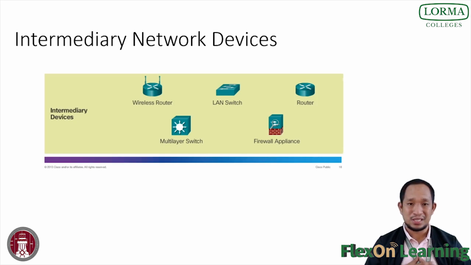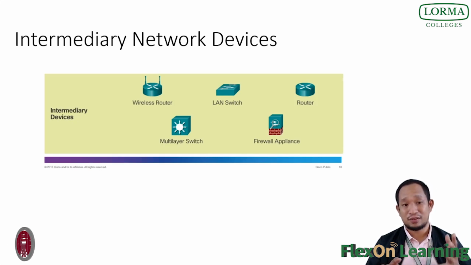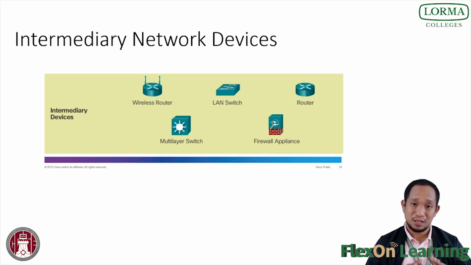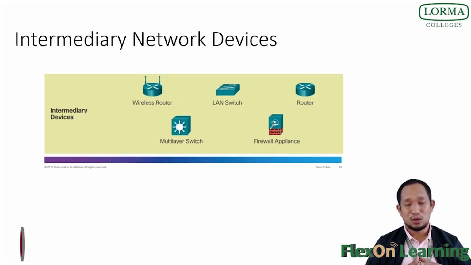Another example is the wireless router. If you have Wi-Fi, you automatically have a wireless router. Another one is the local area network switch, router, multi-layer switch, and of course firewall appliance. So these are part of intermediary network devices.